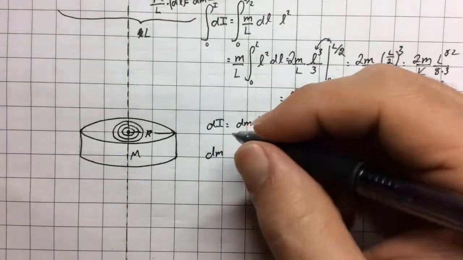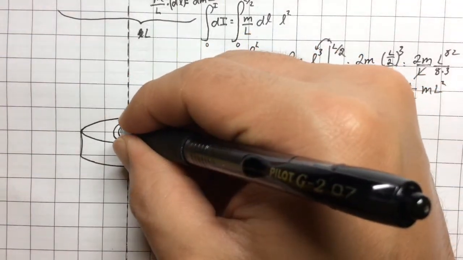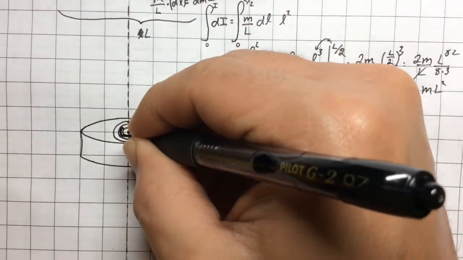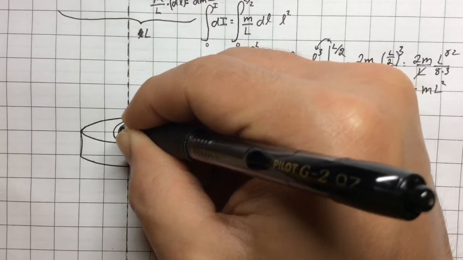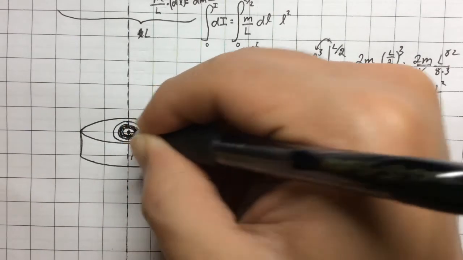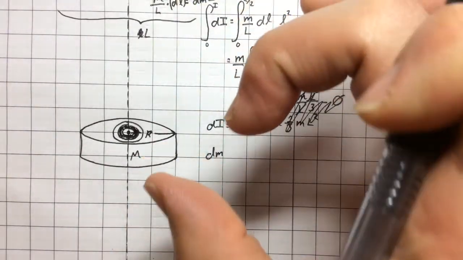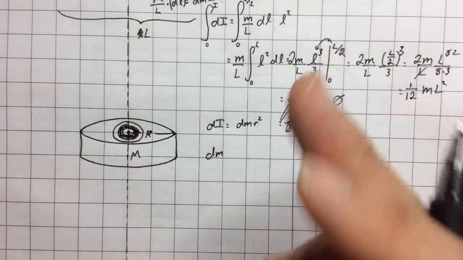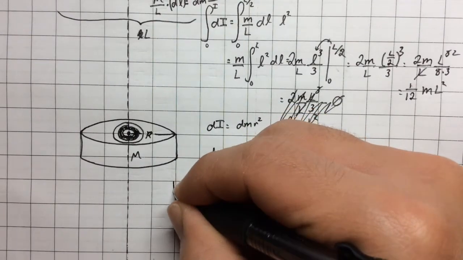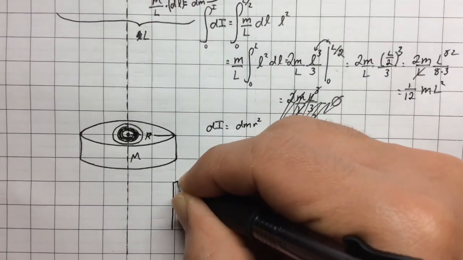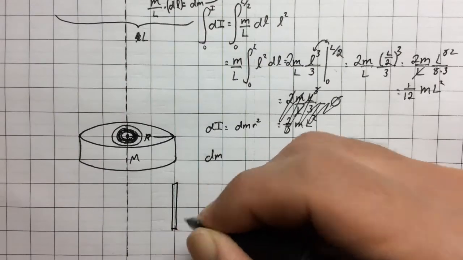So we're going to take one of these. One of those is going to be a dm. If we take one of those as a dm and we have this ring, imagine you have an onion ring, and you snip it and you roll it out, then what you get is this rectangle.